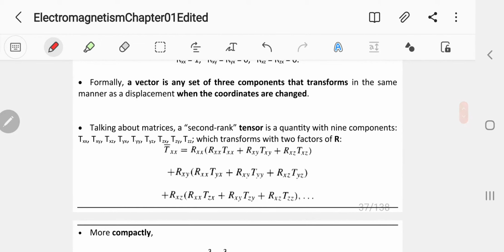So formally, a vector is any set of three components that transforms in the same manner as a displacement when the coordinates are changed.